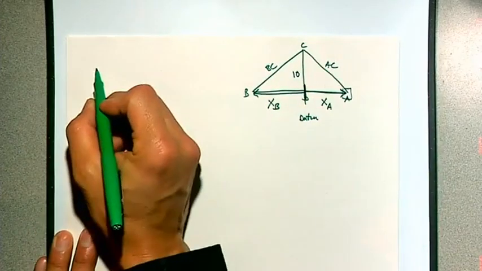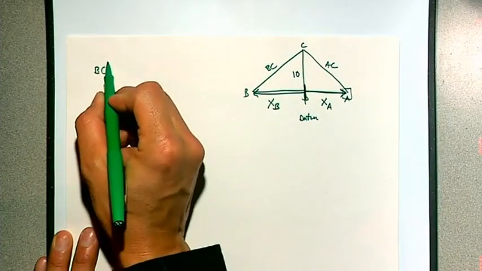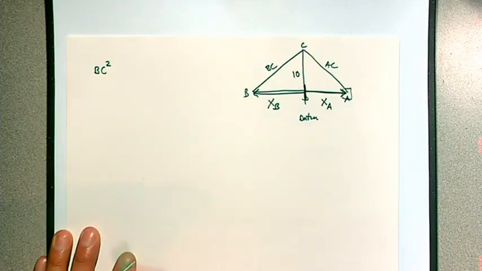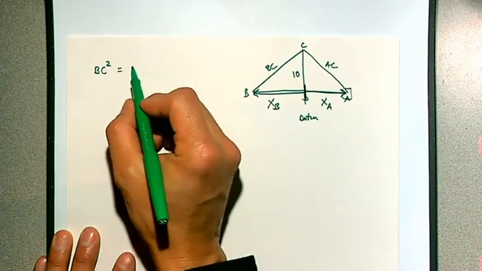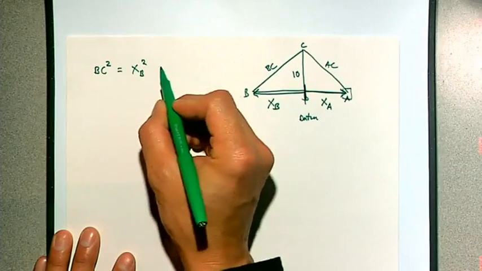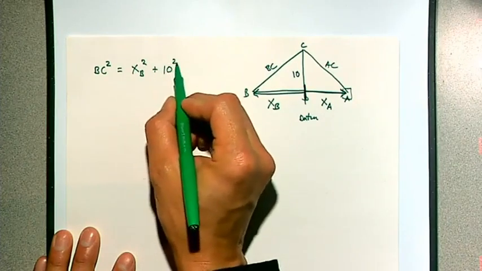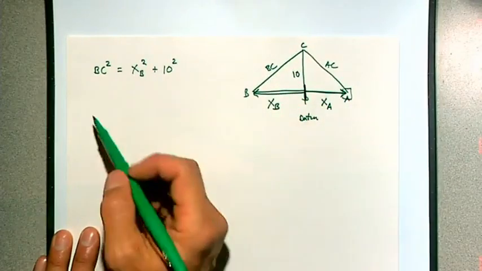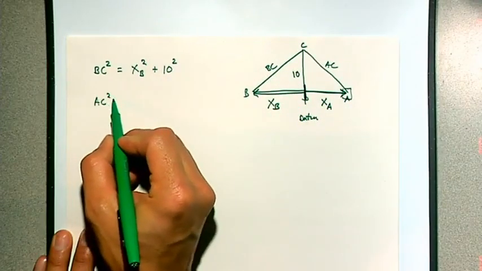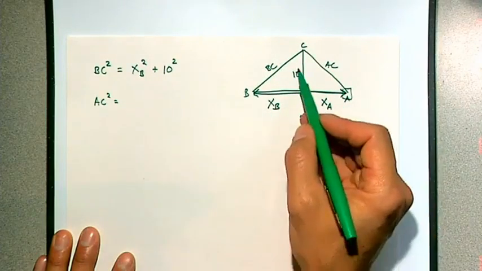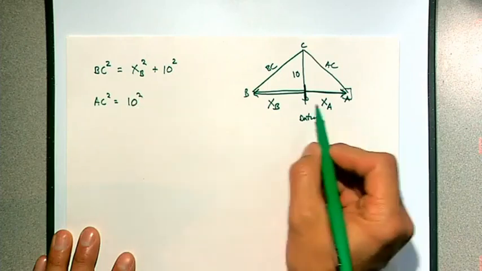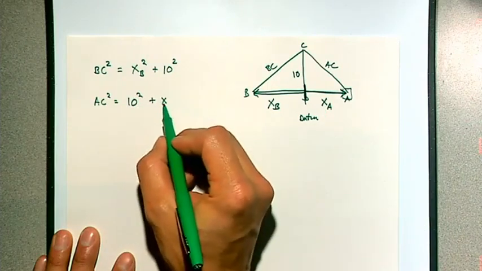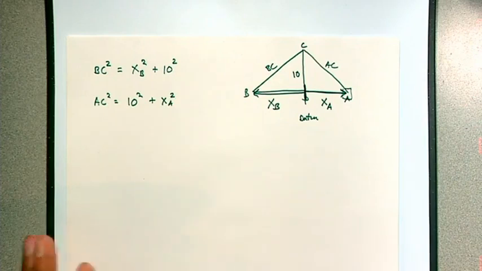So if we do that, BC squared is equal to XB squared plus 10 squared, just a right triangle. Same thing for AC. AC squared is that 10 squared plus XA squared.